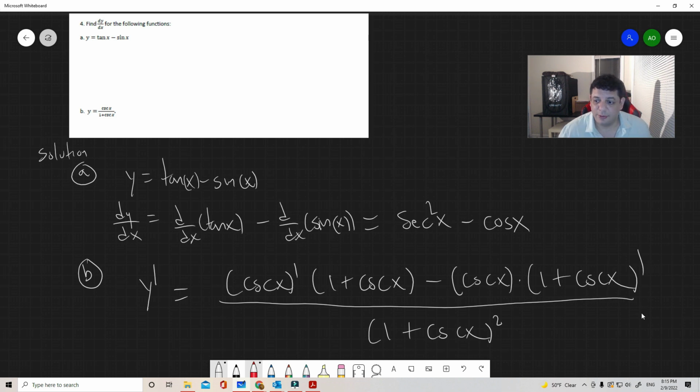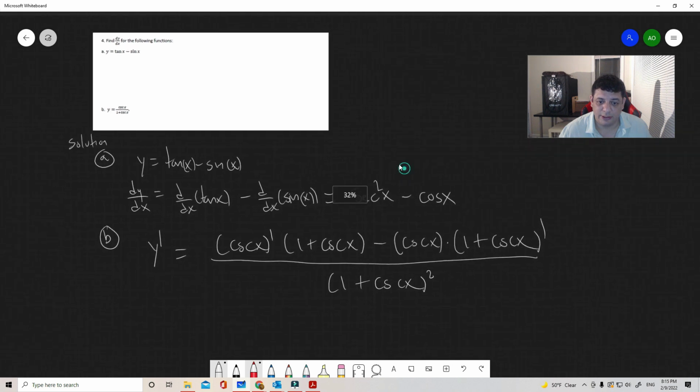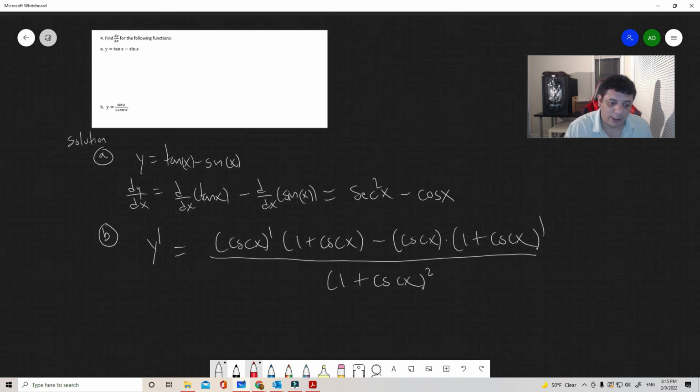Now, of course, in here, we're going to need to not only take the derivative, but also probably simplify it. So the derivative of cosecant is minus cotangent of x times cosecant of x. So minus cotangent of x, cosecant of x, now times 1 plus cosecant of x.